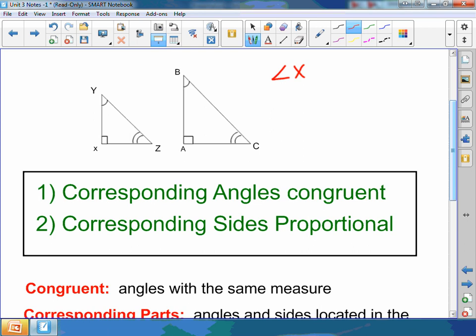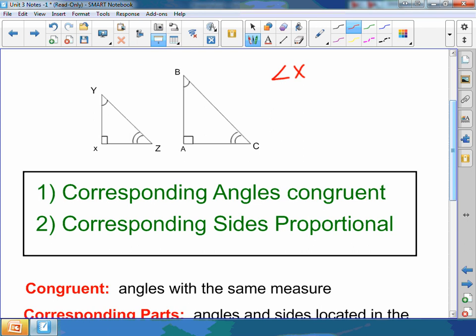Some more symbols here. That's the angle symbol. So I'm saying angle X, rather than writing out the word angle. Which angle does angle X correspond to? Which angle in the other triangle does angle X correspond or match up with?